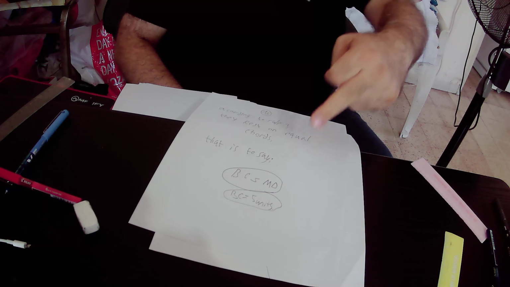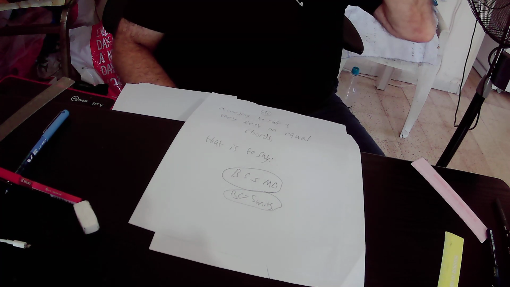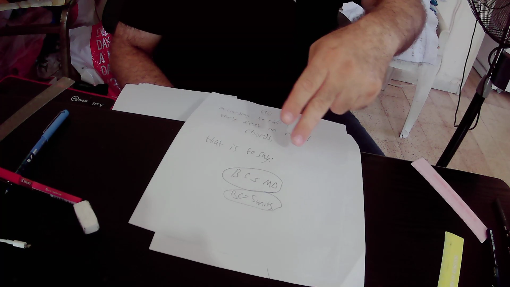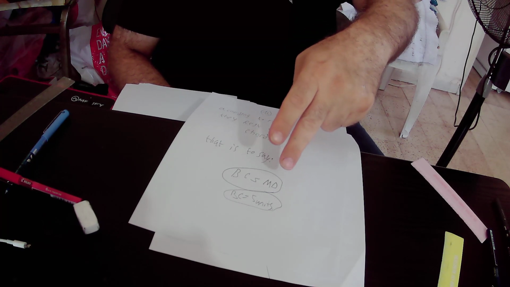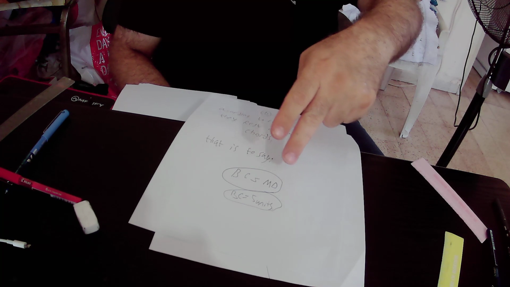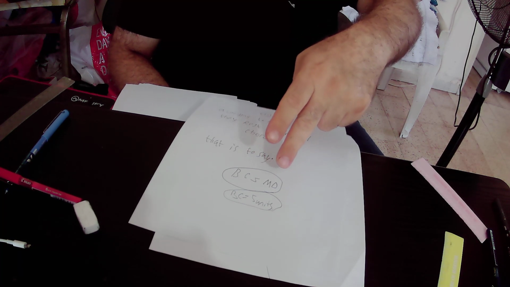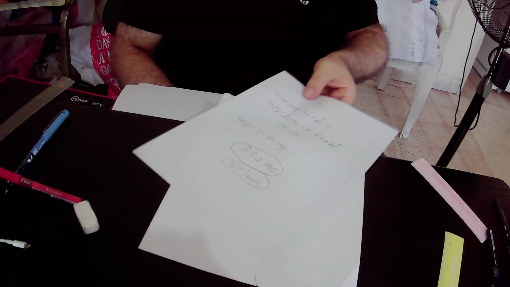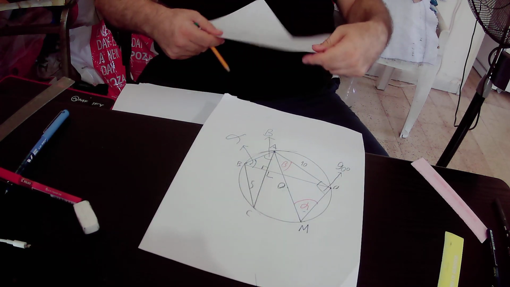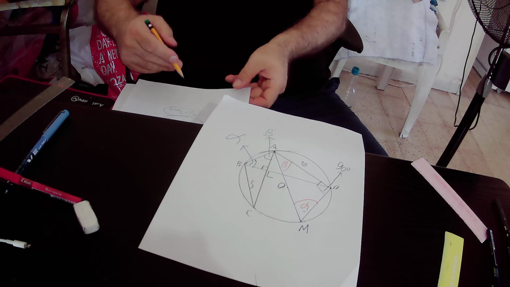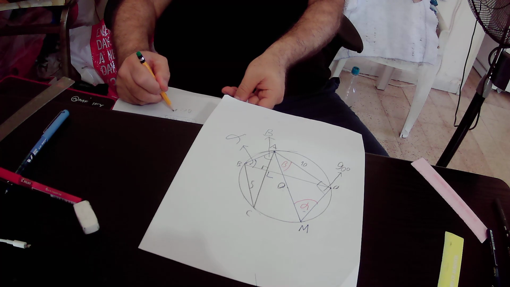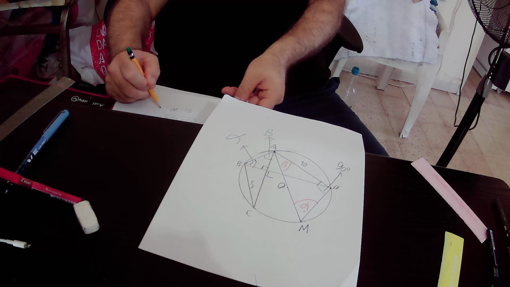So we can deduce from those two expressions, BC equals MD and BC also equals 5 units, that MD also equals 5 units. So we can write that BC equals MD equals 5 units.